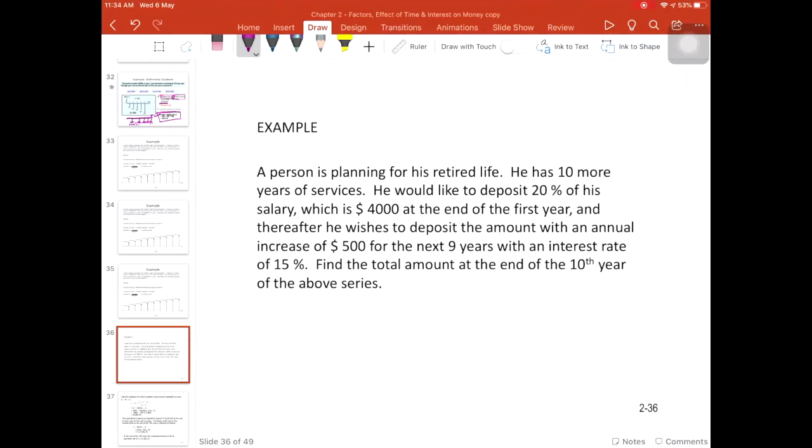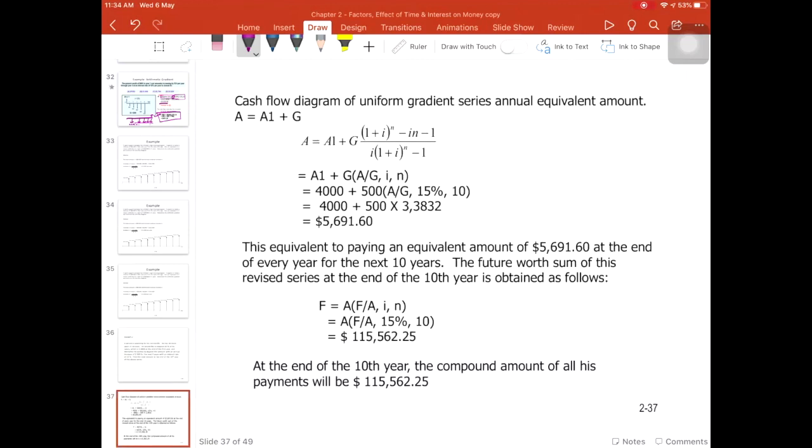It does not directly give you the A. You have to calculate it with the gradient information. So that means you have to find A first before you get the F. From the A, because we know that the base is 4,000 and then you have the gradient added for every year until year 10.